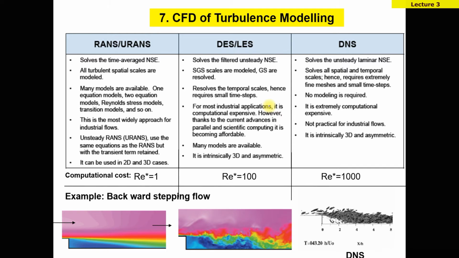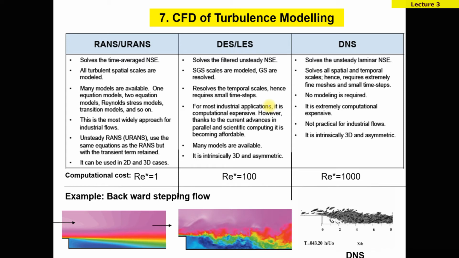Here I compare RANS, LES and DNS. RANS is time average based; a time averaged equation is solved. It can be 2D or 3D, but in large eddy simulation and DNS we are solving an unsteady flow considering 3D flow. The cost for RANS is 1, that means 1 rupee.